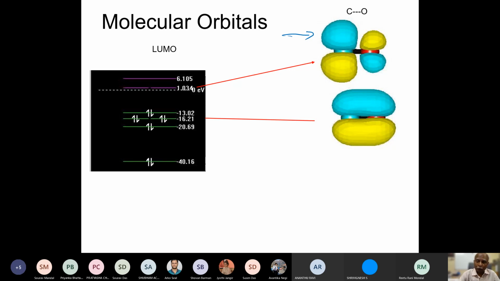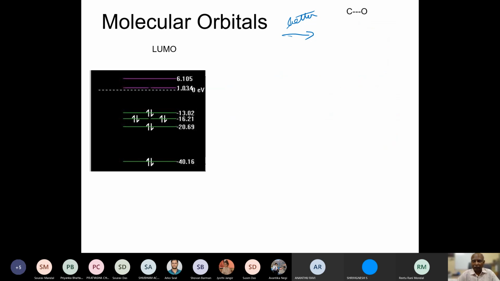So this leads to better overlap. Unless the carbon side is bonded to the metal, you will not have such a good interaction between the metal and the carbon monoxide. So not only is the sigma bond better, the pi bond is also better when the metal interacts with the carbon end of carbon monoxide. So that factor has also been explained.